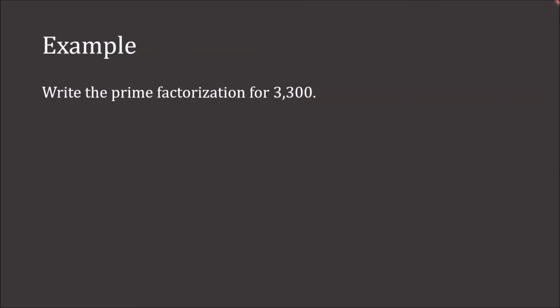So we're now going to go ahead and write the prime factorization for 3300. Okay, so to do this, let's write the factor tree for 3300. Now remember, we know that such a prime factorization will exist. Well, we can write 3300 as 100 times 33, right?